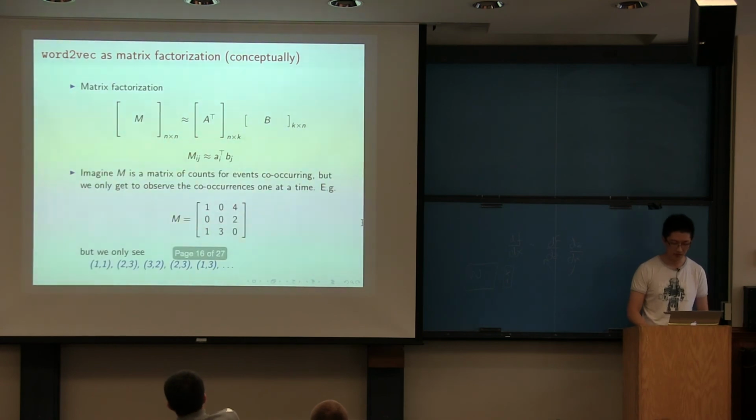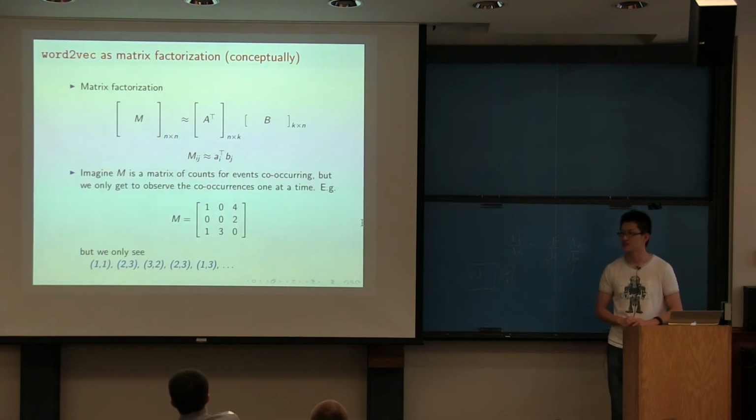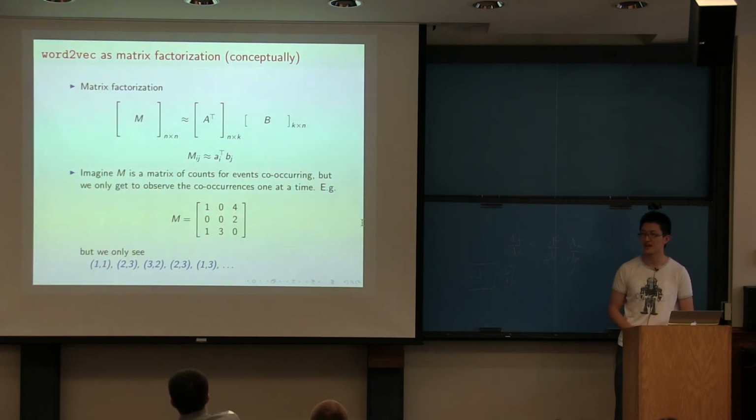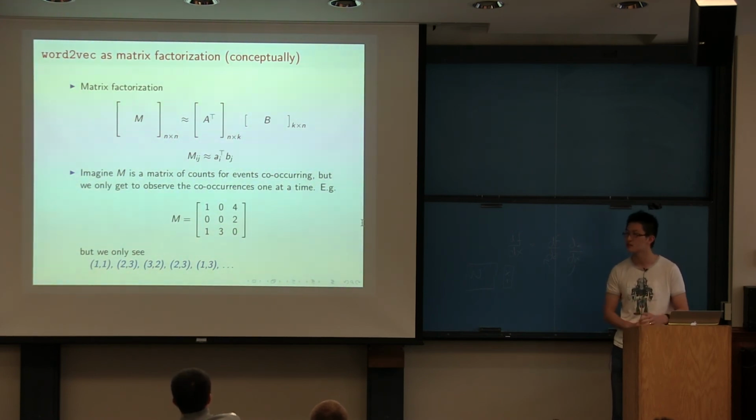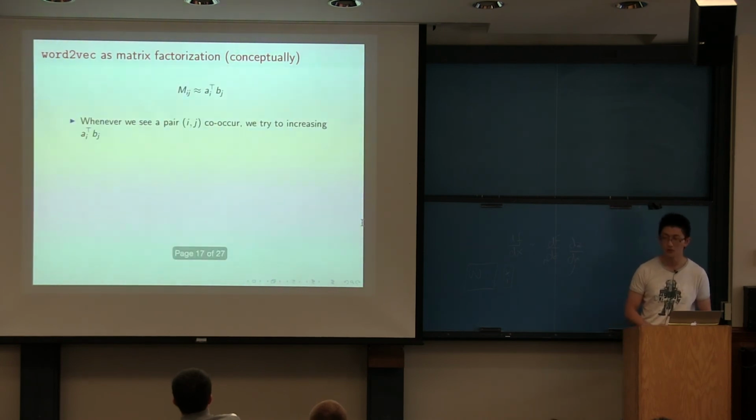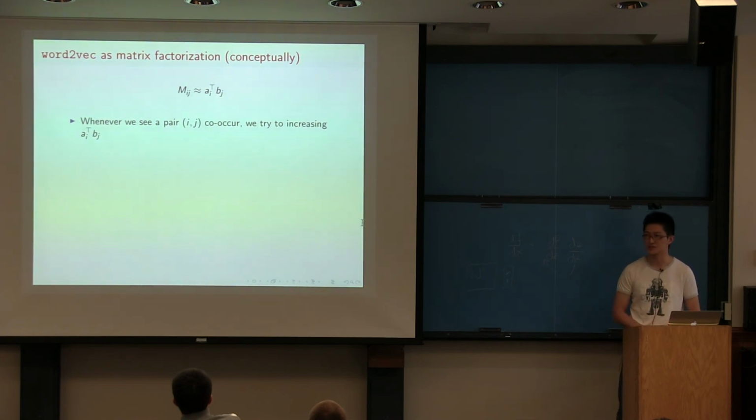Moving on, imagine you're given a matrix of counts to factor, but you can only observe the pairs one by one.